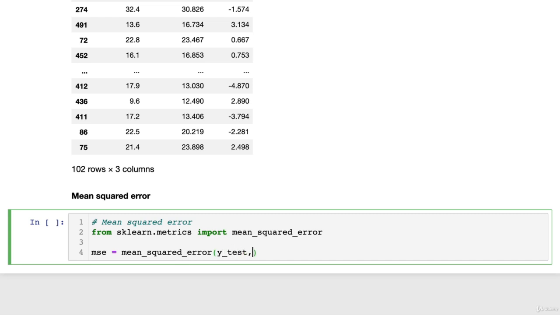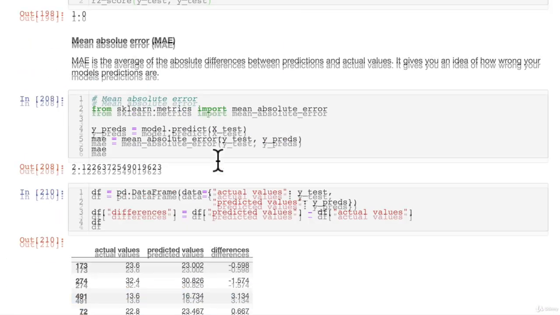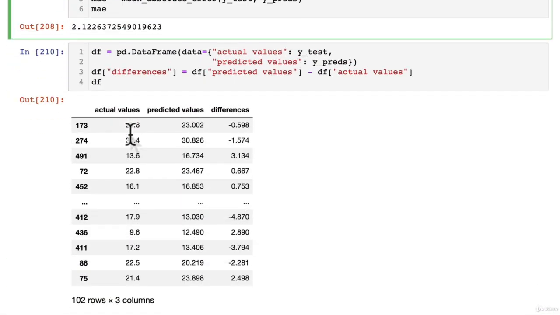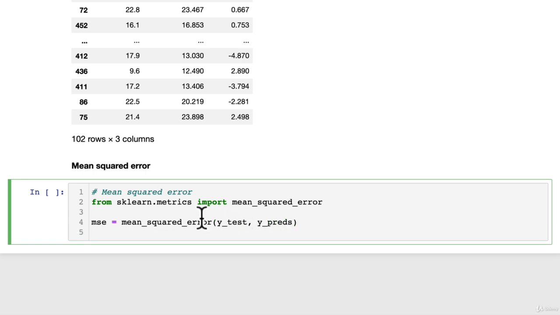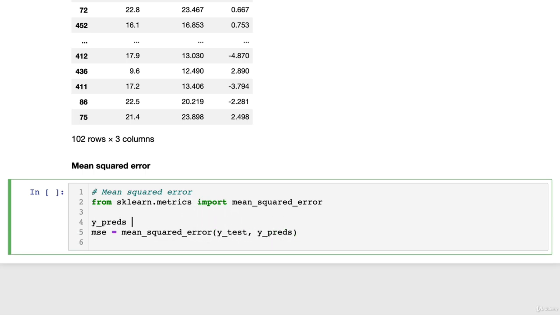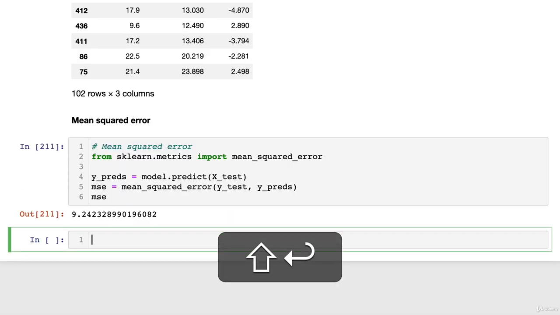Then we're going to take the Y test labels, and because we've already made predictions up here, Y preds, we could make them again, but for completeness, we'll do y_preds equals model.predict on the X test data because we want to compare our predictions to the Y test data. Then we're going to have a look at MSE.